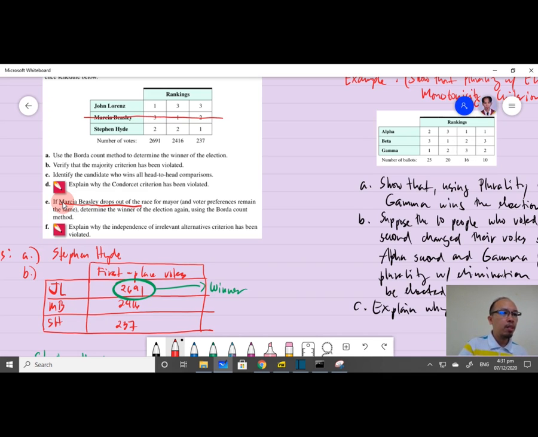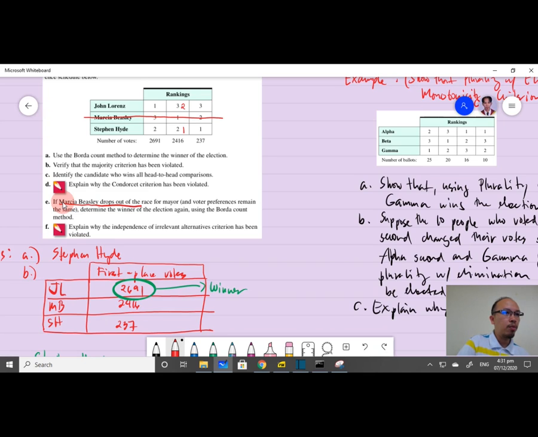But it says that the voters' preferences remain the same, so it doesn't change. Meaning this is 1, 2, then this becomes 1 and this becomes 2 here. It doesn't change.